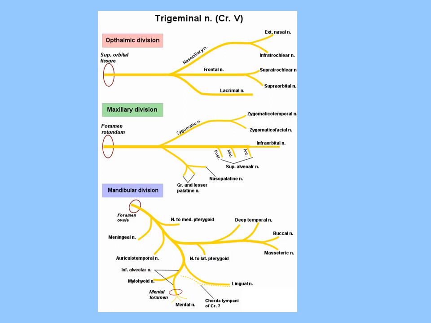The maxillary division comes through the foramen rotundum and is also 100% sensory. The maxillary division dead ends as the infraorbital nerve, providing sensation from below the eye. The maxillary division also branches off a zygomatic nerve.